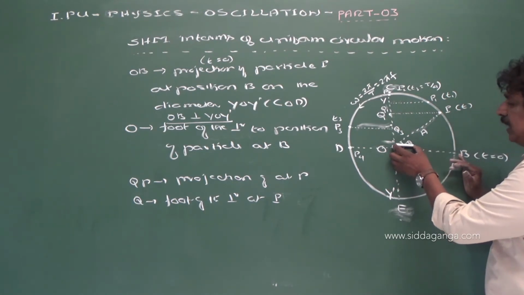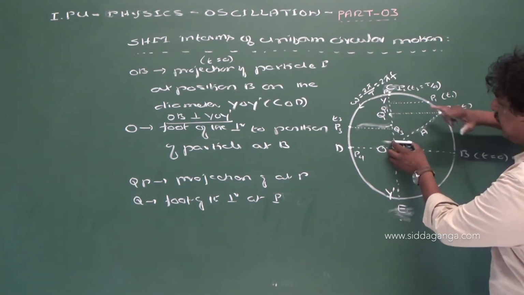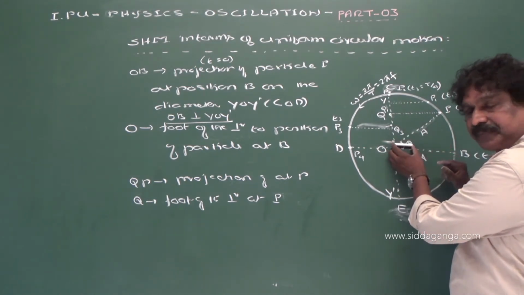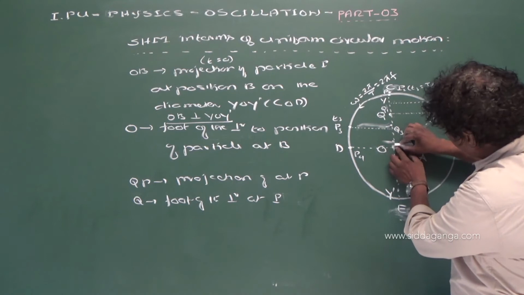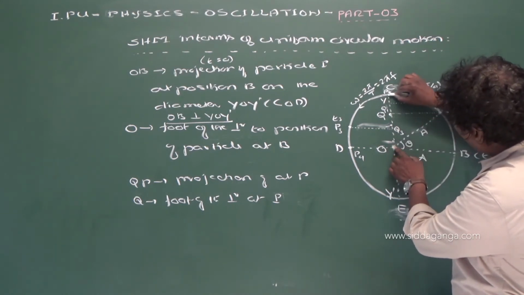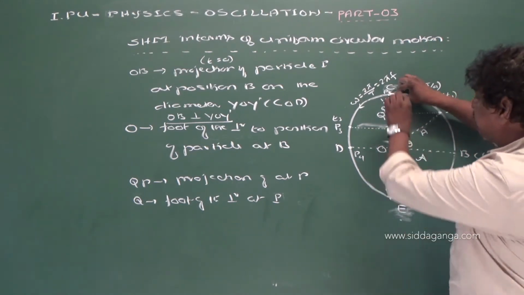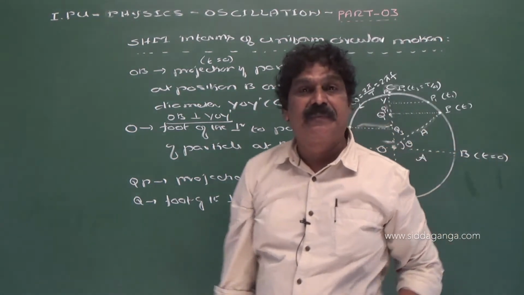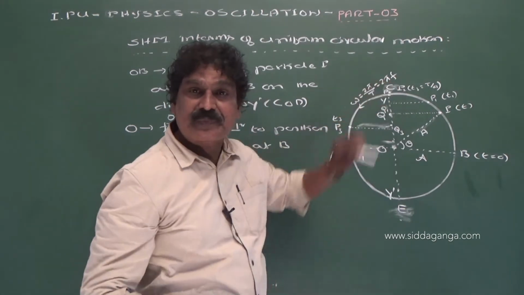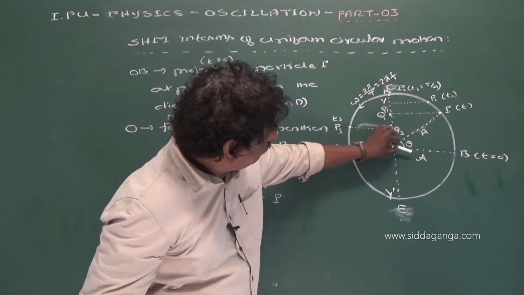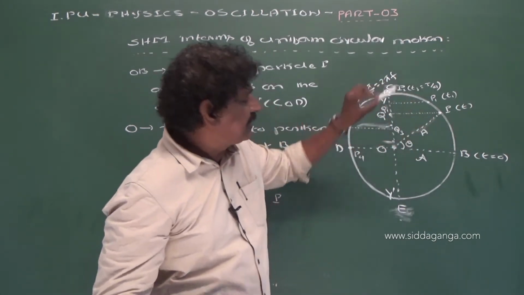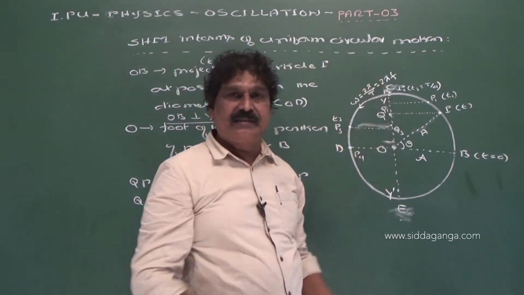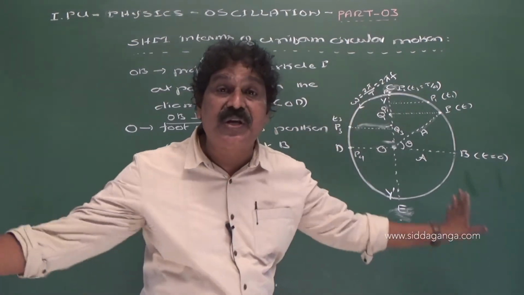As the particle moves along the circular path, the foot of the perpendicular moves from O to C when the particle moves from B to C, and from B to C the length of the projection goes on decreasing. At C it becomes 0.